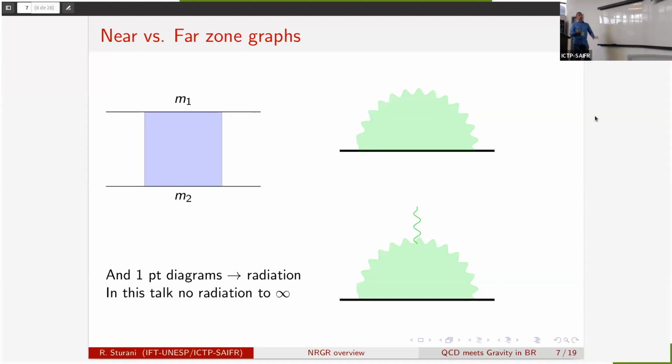It can also emit, but in this talk I will not talk about emission. So basically the total of the conservative dynamics, of course we need to compute also the luminosity function, but just for the sake of this talk, let's focus on the conservative dynamics. The conservative dynamics will be given by exchange of potential modes and the exchange of radiative modes.